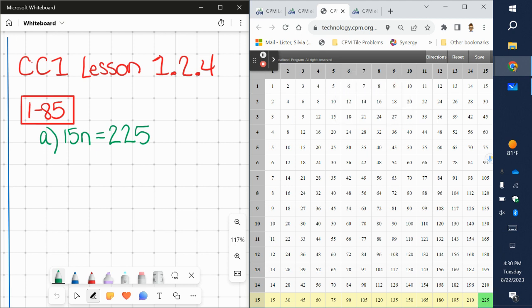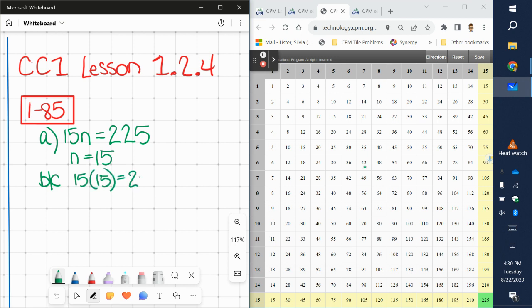I will highlight it green so I know it goes with the green problem. So 15 times some number equals 225 in green. I'm going to go all the way up and find out what number that is. Well, 15 times 15. So I know that n equals 15, because 15 times 15 equals 225.